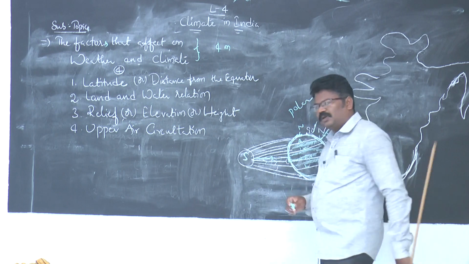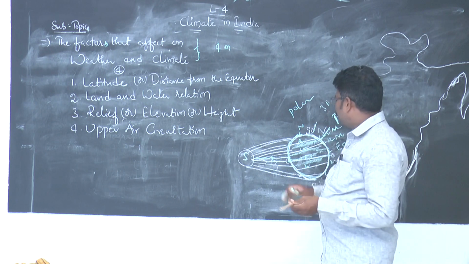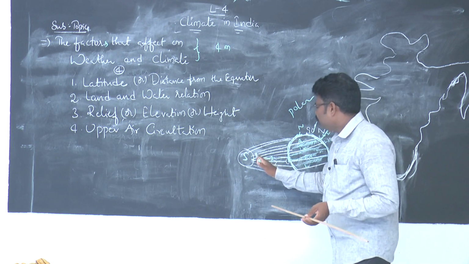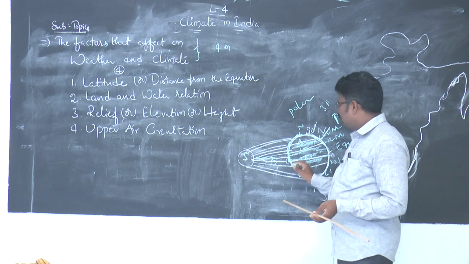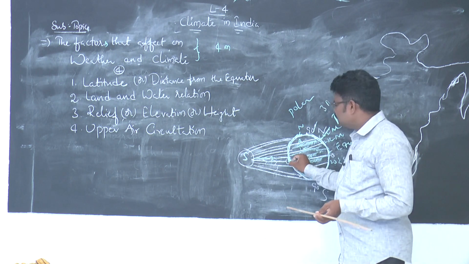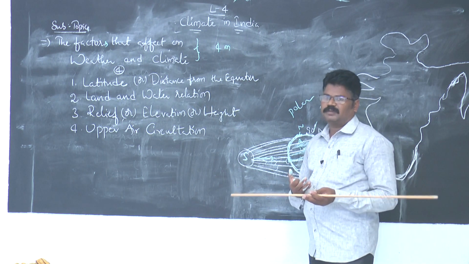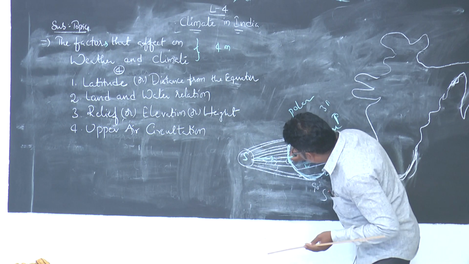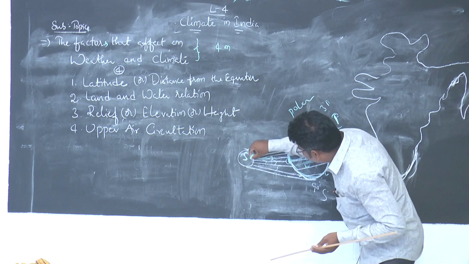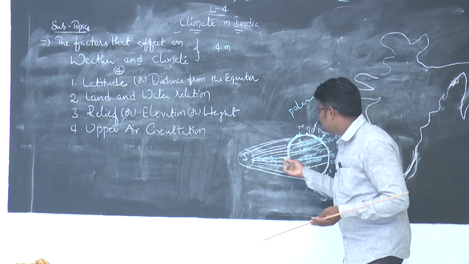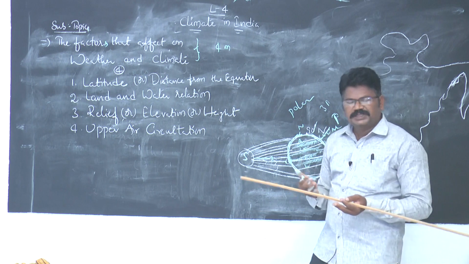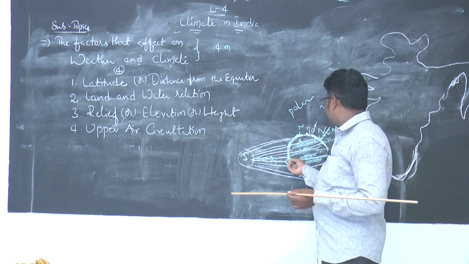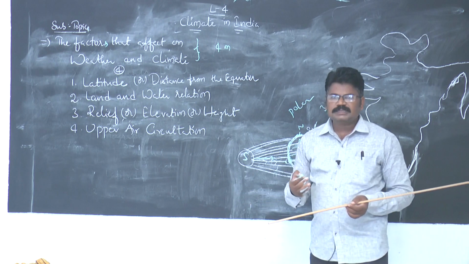So children, you understand one thing: between 0 degrees and 23 degrees, when the rays fall vertically on the equator region, the places are very near, or come near to the sun. Due to that, the places receive more insolation. Receiving more insolation means the places in the equatorial region are always hot.